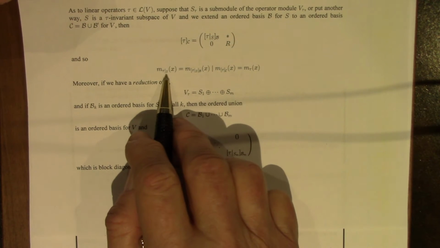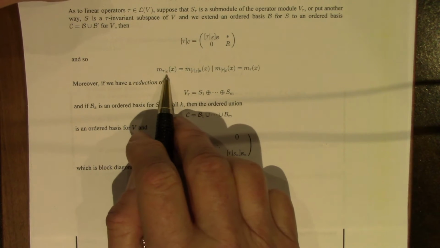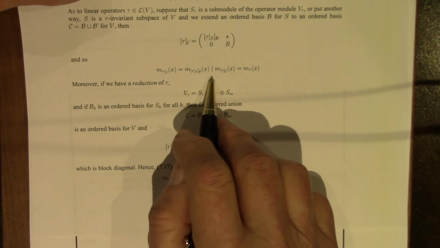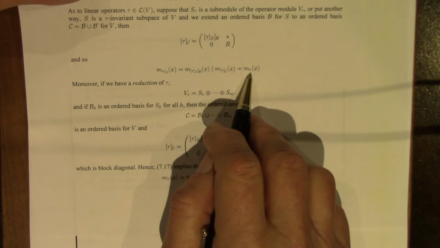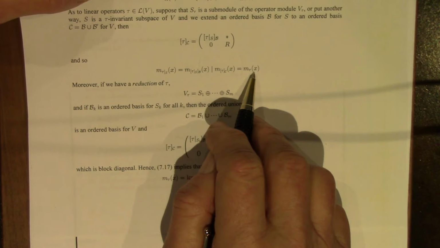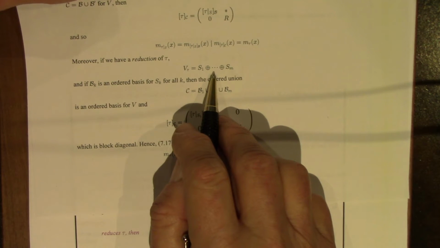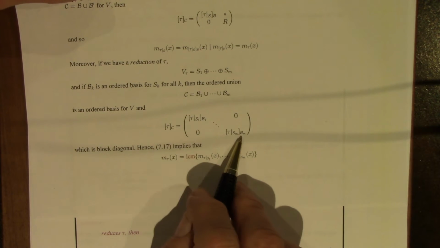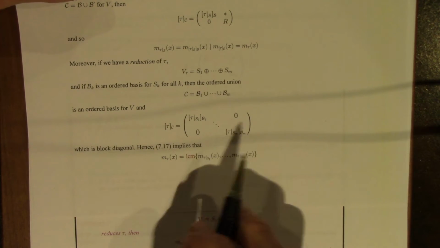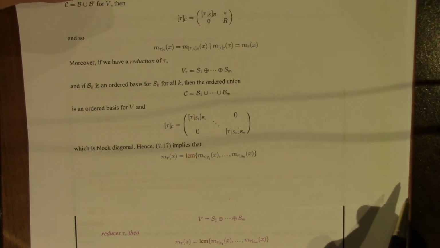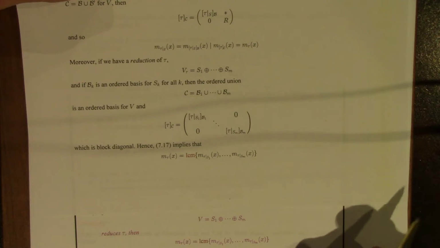So the minimal polynomial of the restriction of tau to S divides the minimal polynomial of tau. If we have a reduction of tau, then we're going to have a block diagonal matrix, and so the minimal polynomial of tau is the least common multiple of these minimal polynomials.